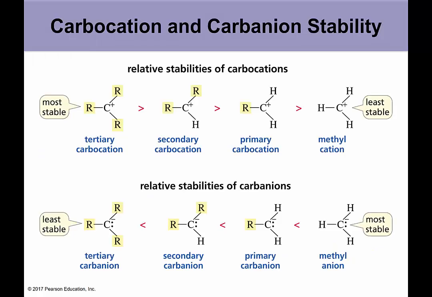So one is just the tendency for stability of carbocations, that is, carbocations tend to be more stable when they're more substituted. So this is the least stable carbocation, that's the most stable. And carbanions follow the opposite trend. That is, more substituted carbanions are less stable, and least substituted carbanions are most stable.